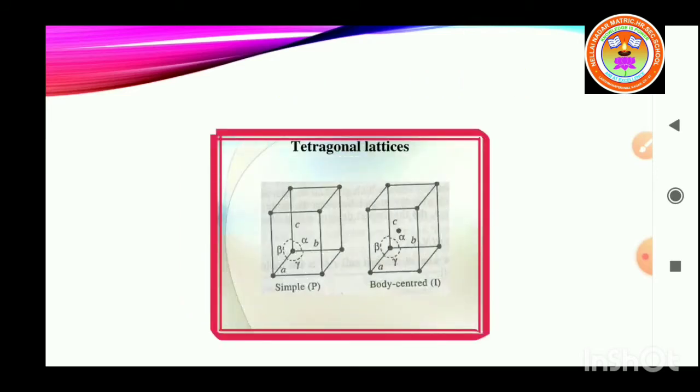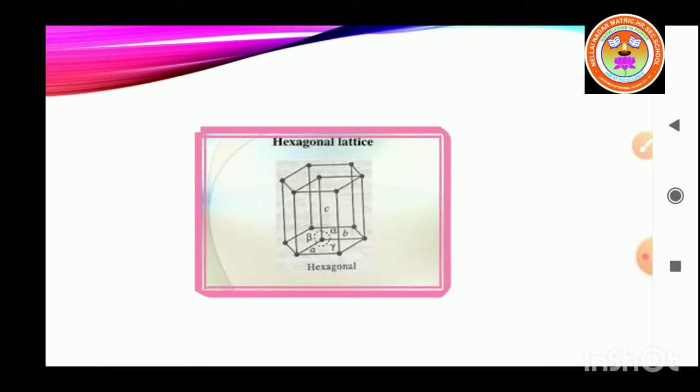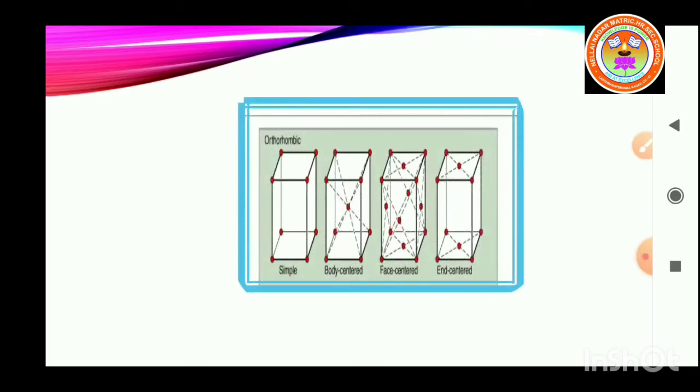For the next one, the tetragonal lattice, the further classification is simple and another one is body centered. What about hexagonal? Hexagonal exhibits only primitive, that is simple, alone. What about orthorhombic? Orthorhombic exhibits simple, body centered, and face centered, and one more is edge centered.